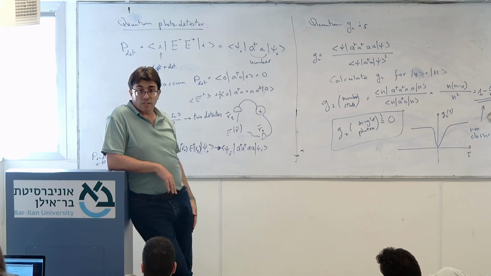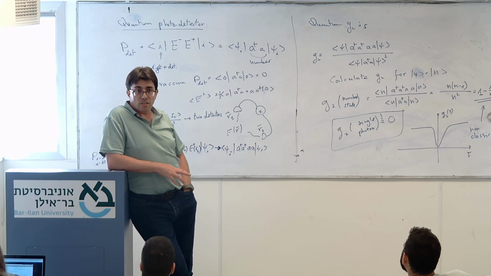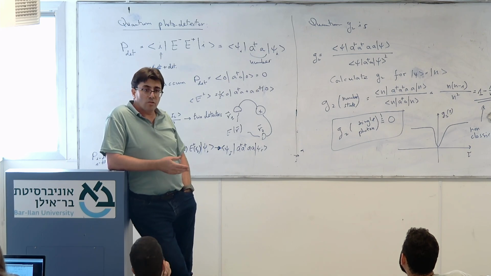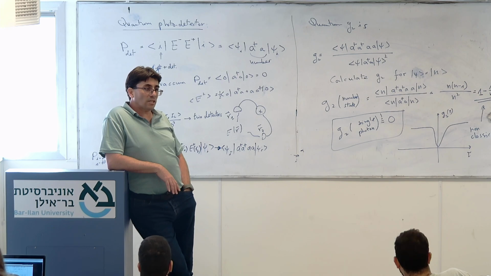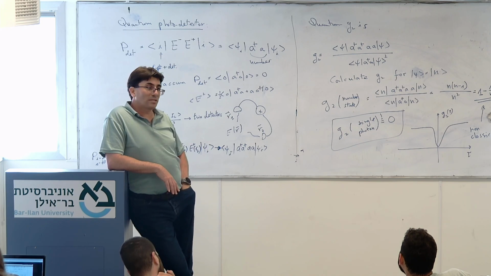The number states are inherently non-classical. There are many reasons why they're not classical, and we'll discuss that in various ways. But we'll also meet other non-classical states, and specifically we will introduce the squeezed states. Why? Because there are many non-classical states, but only one type of classical states that we can actually make in the lab. So those, for some reason, we discuss more.